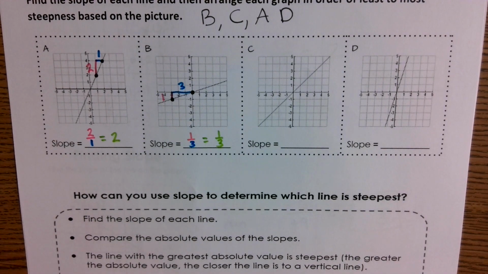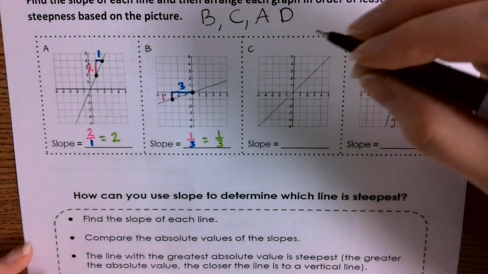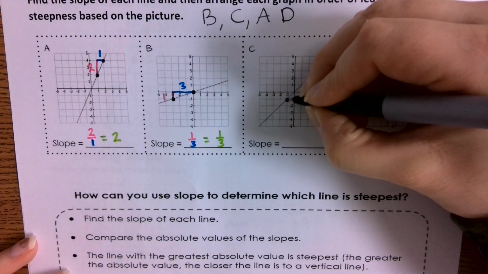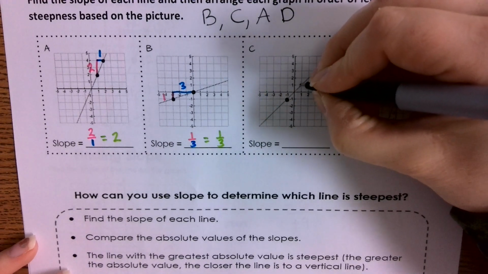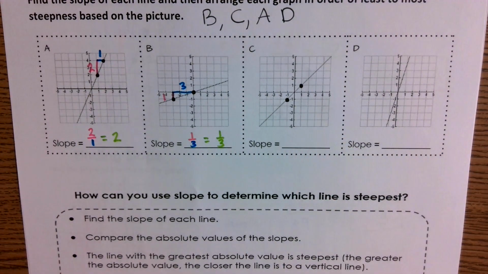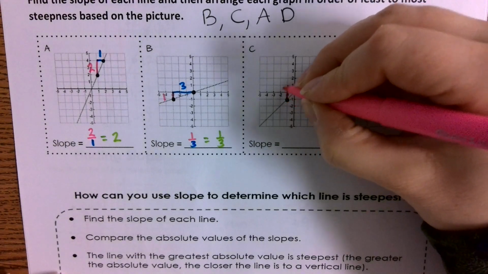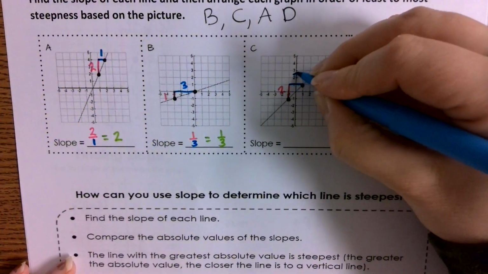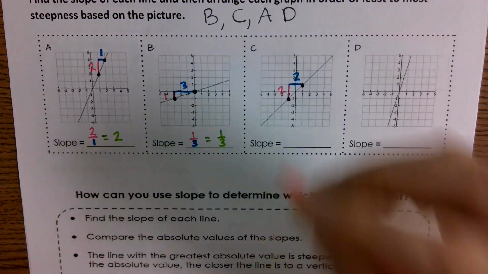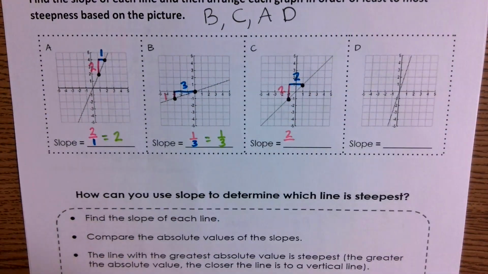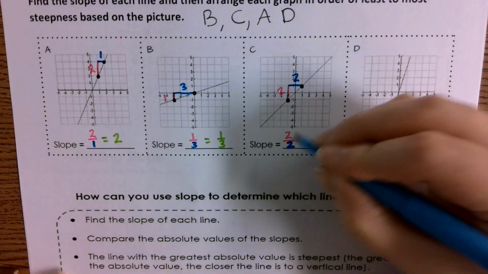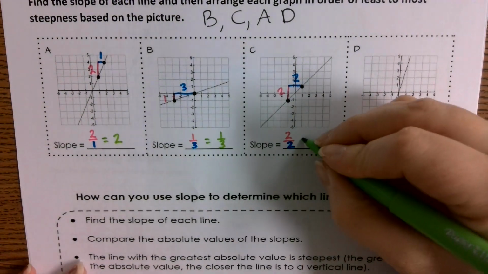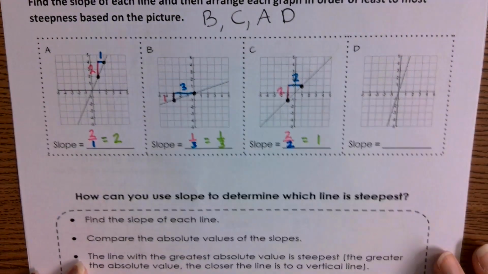Okay, for graph C, I have a point here at -1, -1. I also have a point here at +1, +1. Okay, that means I'm going up 2, and then I'm going to the right 2. So I have a rise of 2 and a run of 2. That comes out to a slope of just 1.